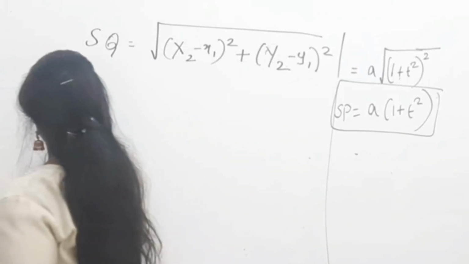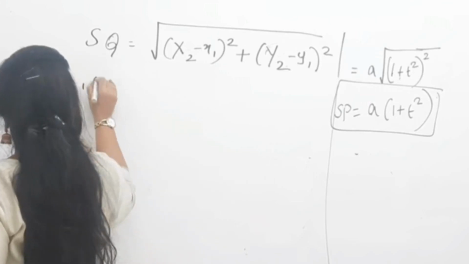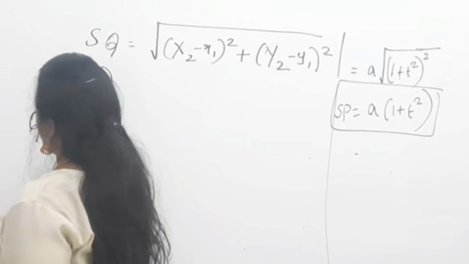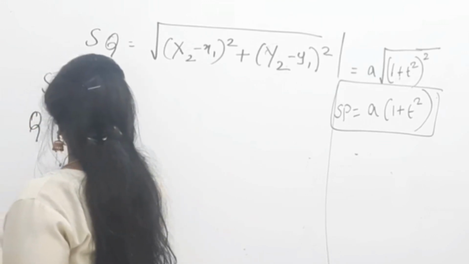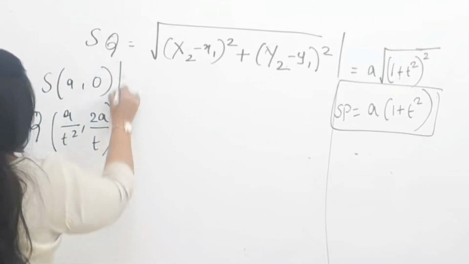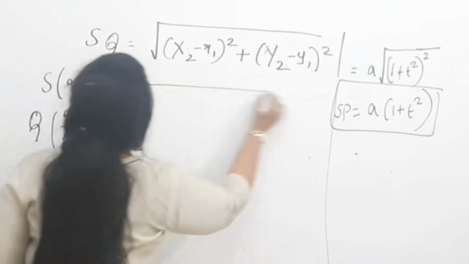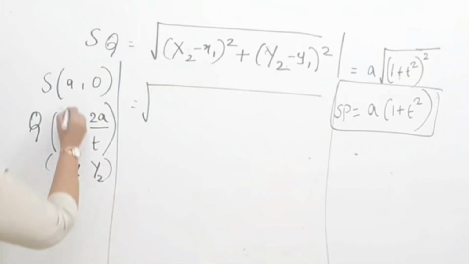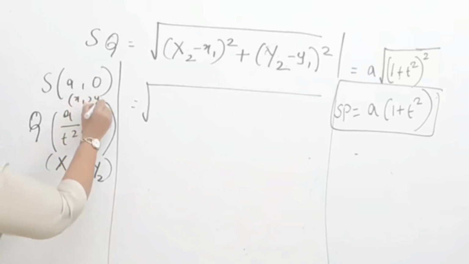So my S coordinates are a comma 0 and my Q coordinates are a by t squared comma 2a by t. So now I would have my square root of, I know this is my x2, this is my y2 and this is my x1 and this is my y1.